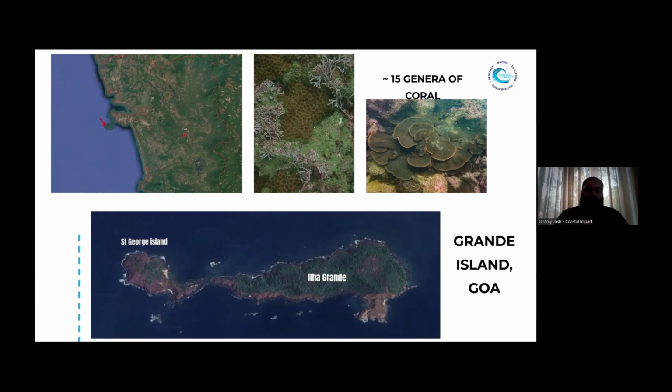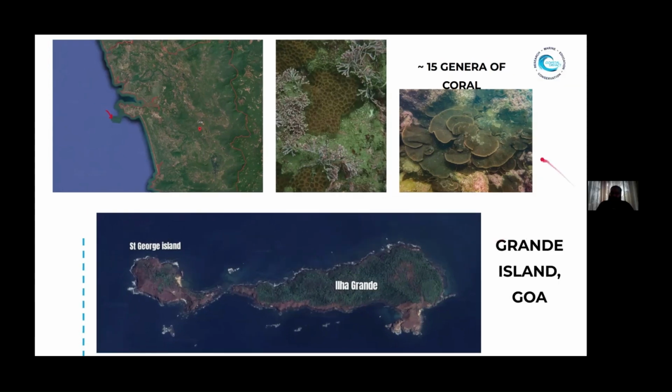Most of them are of the encrusting morph, so they encrust over objects and rocks and benthic substrate, hard benthic substrate. They'll attach to it and then they'll form this encrusting sort of layer over it and then slowly grow over time. The other major form that we see here is this plate or foliose form of coral, which is Turbinaria.